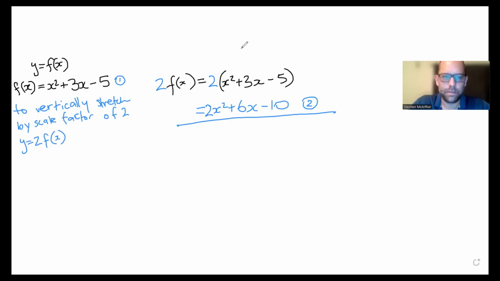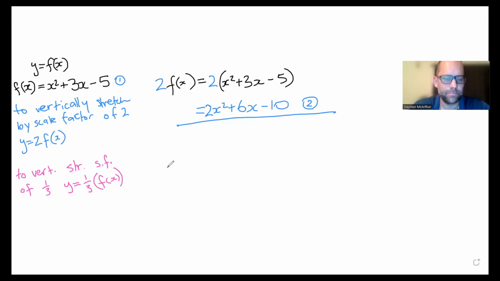Let's do it in pink. To vertically stretch, I'm not going to write all of this now. You can see what it says up above. To vertically stretch, scale factor of 1/3, y is equal to 1/3 f of x.